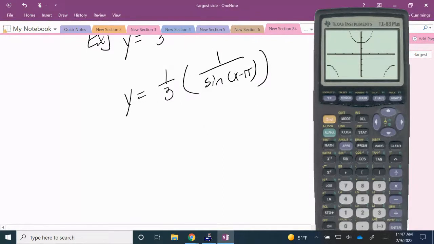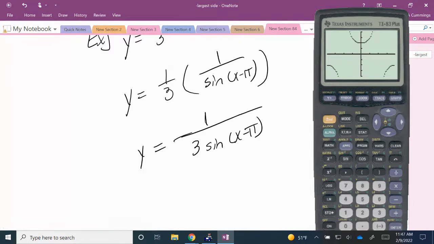So I'm going to now make one single fraction. I'm going to multiply the numerators and multiply the denominators. So I have 1 divided by 3 times the sine of x minus pi. And here is where you have to be careful when you're putting these functions into the calculator.